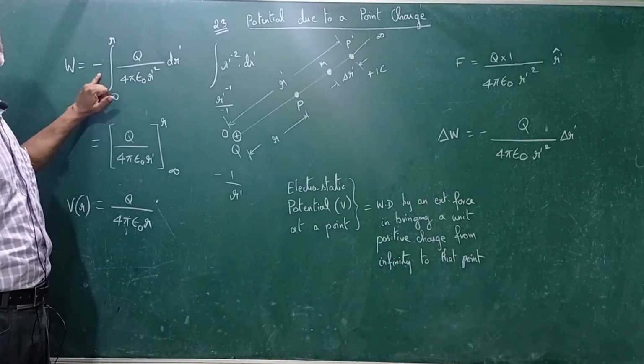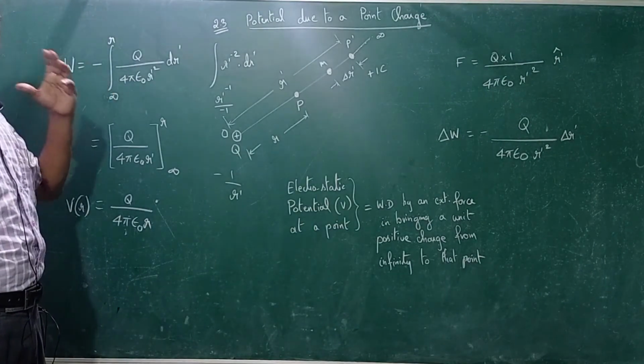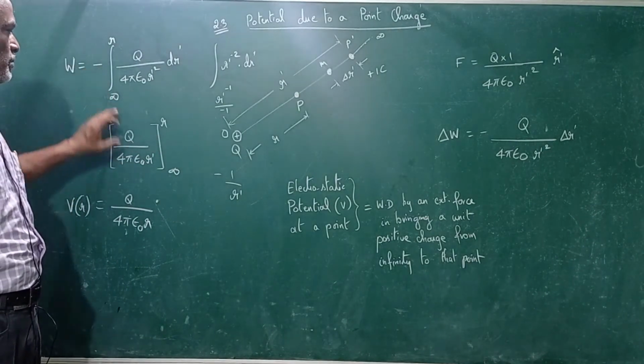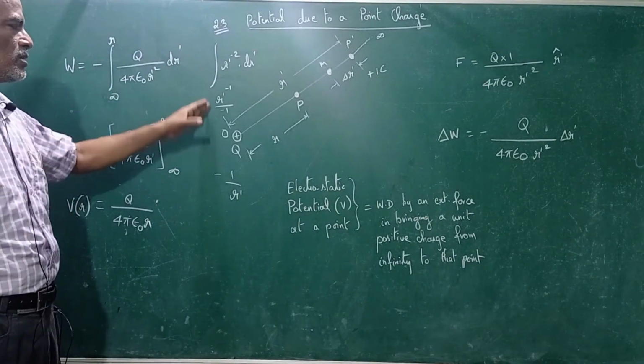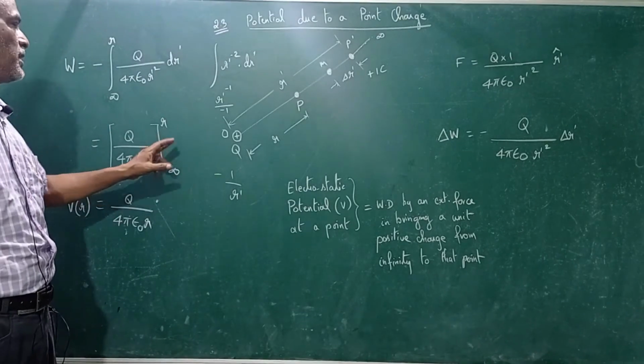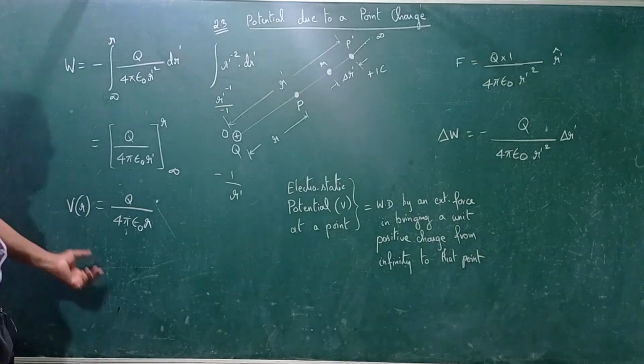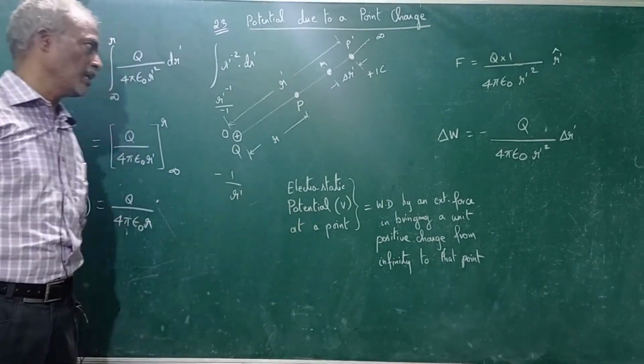This first minus is there because work is being done against the repulsive force, that's why we put minus. But how did we get this plus? Because of integration we are getting minus, so minus into minus is plus. Now this is nothing but the electrostatic potential V at a point.